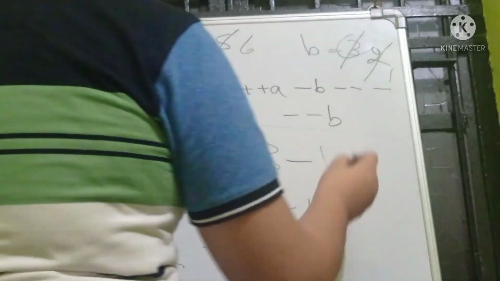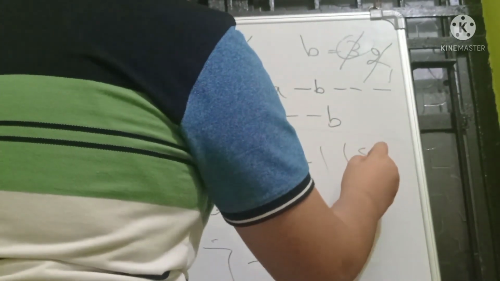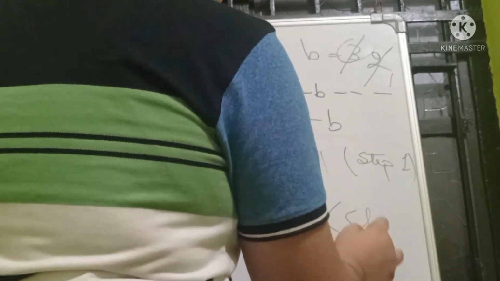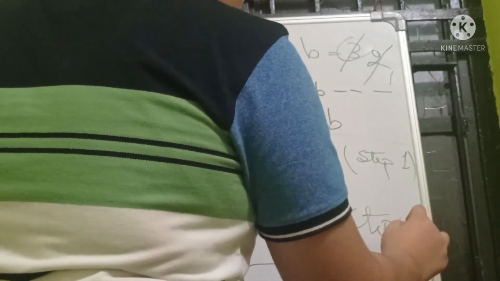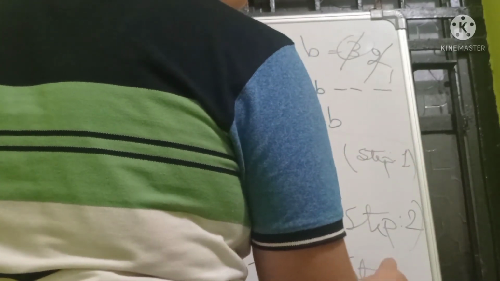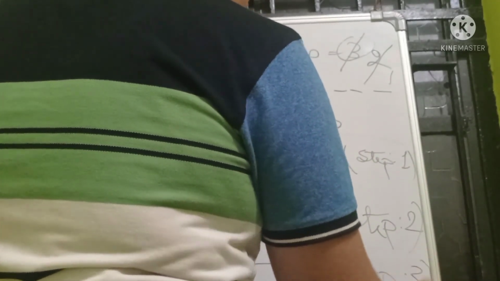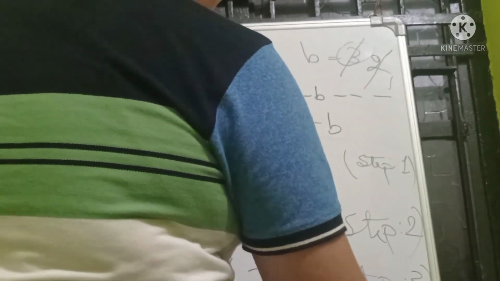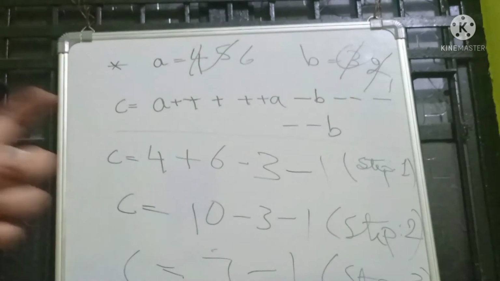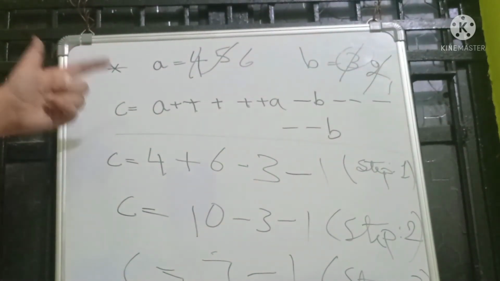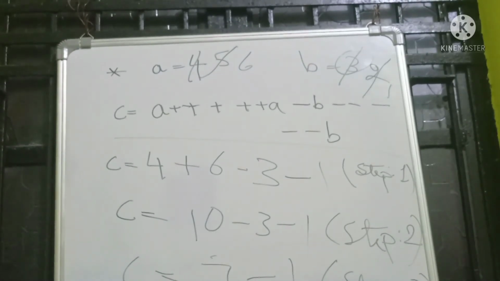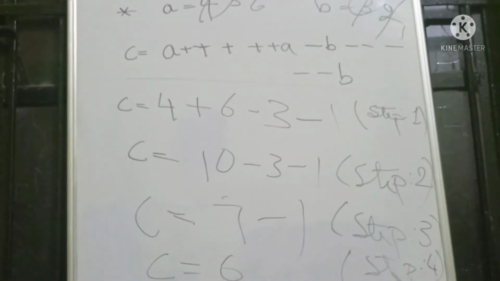So here you will also write step 1, this is step 2, and this is step 3, step 4. You will also write steps here only if asked in the question. This is our solution of this question.